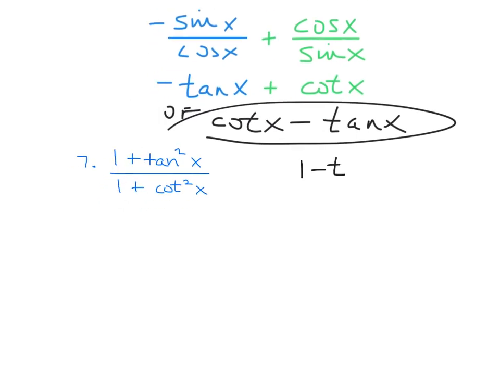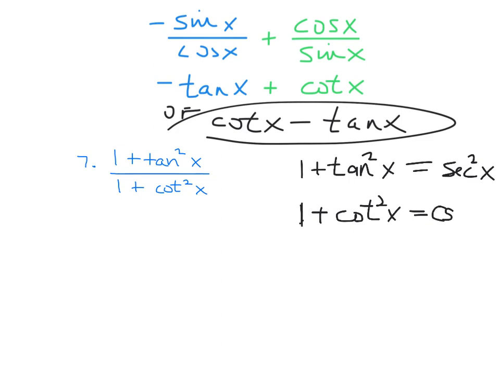That 1 plus tangent squared x is equal to secant squared x. And for the denominator, 1 plus cotangent squared x is also an identity that you should memorize, and it's equivalent to cosecant squared x. So let me replace those.